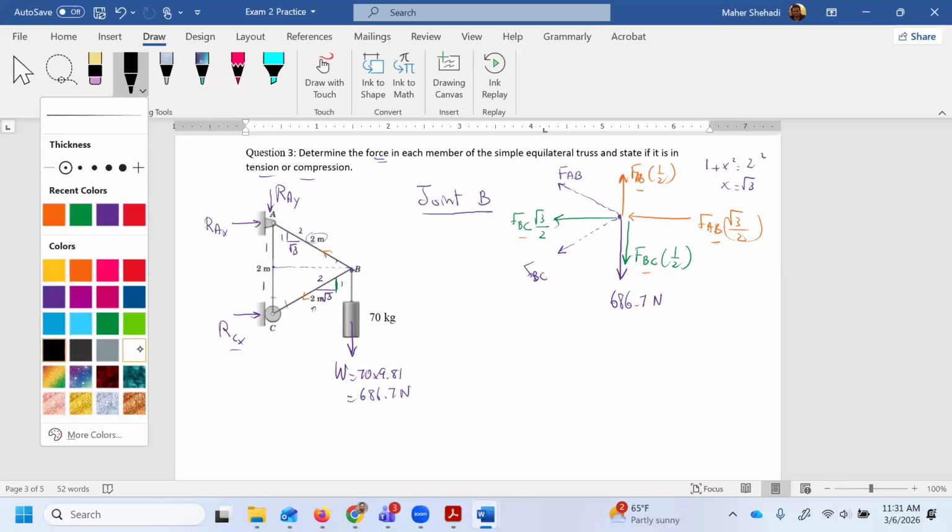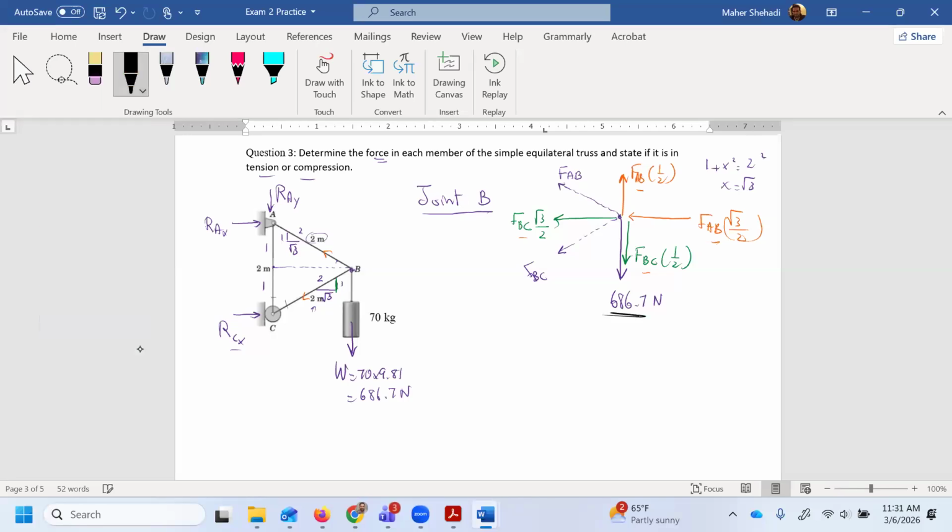However, since my applied load is only in the y, I only have BC and AB in the x, and because it's the same slope, we're going to end up with FBC equals minus FAB. When you consider the summation of forces equals 0, I will have minus square root of 3 over 2 FBC minus square root of 3 over 2 FAB, that's equal to 0.